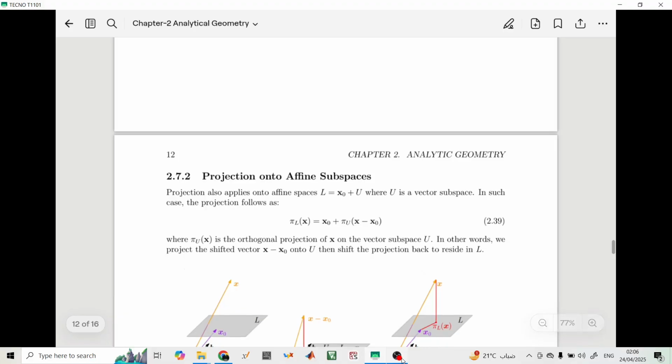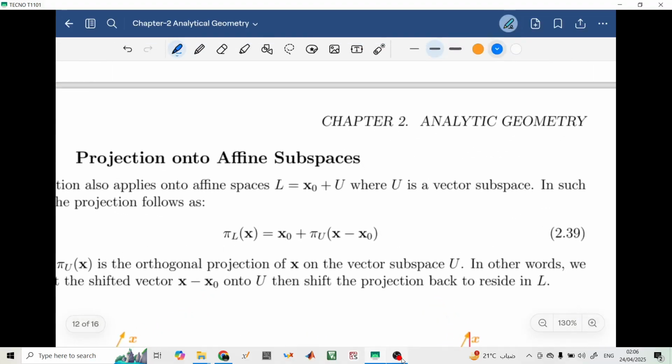What do you mean by affine subspaces? It is a subspace that is shifted by some vector, right? So if U is a subspace, an affine subspace is the vector space shifted by some vector, right?